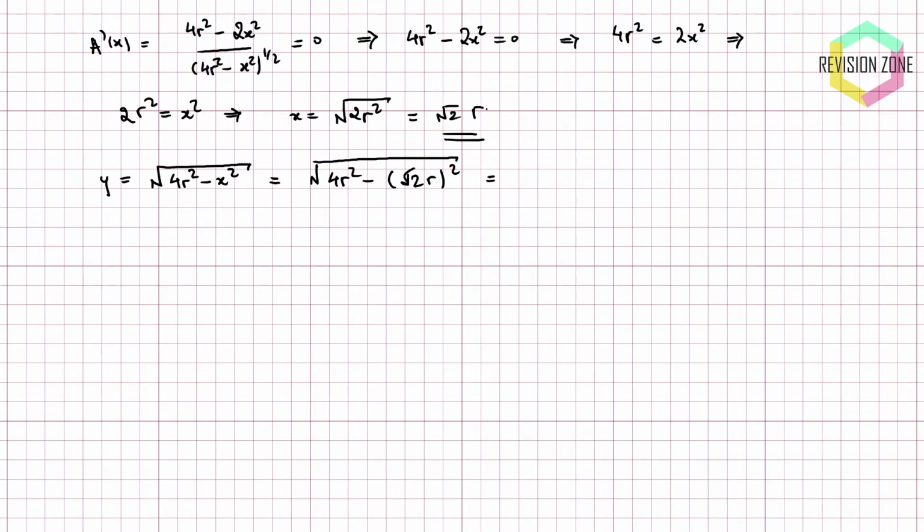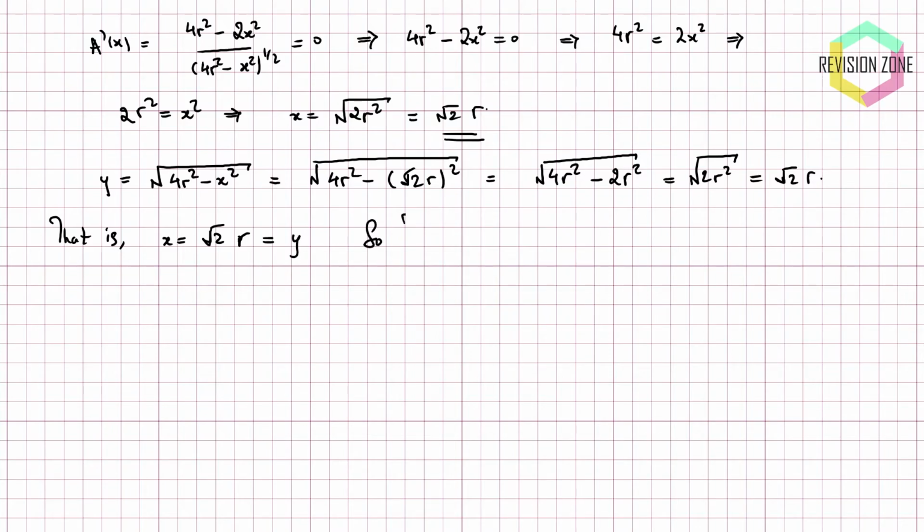Simplifying this I get 4r squared take away 2r squared, and the whole thing is square rooted, which again just gives me 2r squared all square rooted, which is again root 2r. So in other words, let's write that down. We have x equals root 2r, and that's the same thing as y.